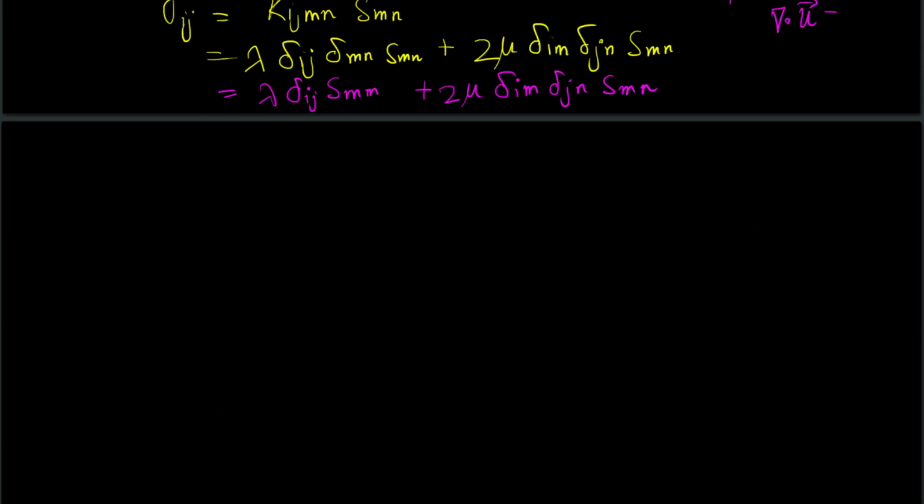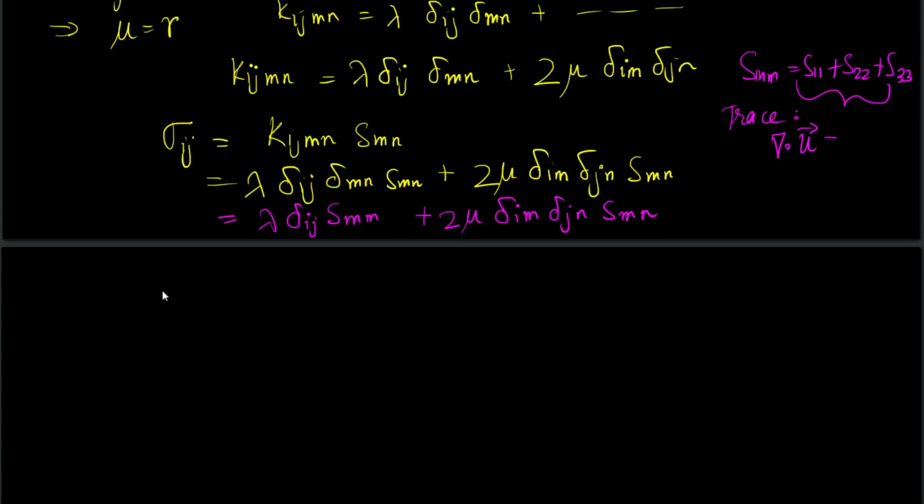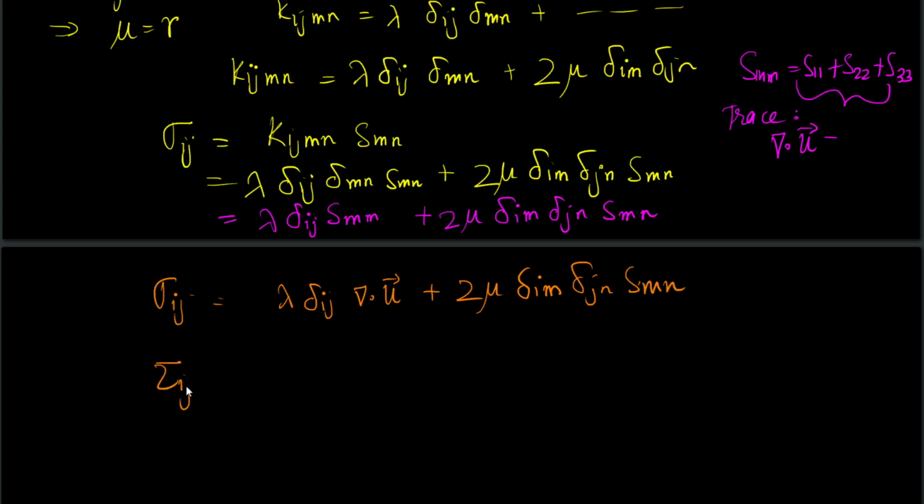Alright, in that case, we can write this as sigma ij is equal to lambda delta ij times the divergence of velocity plus 2 mu delta im delta jn smn. So the entire stress tensor may be written as minus p delta ij plus 2 mu delta im delta jn.